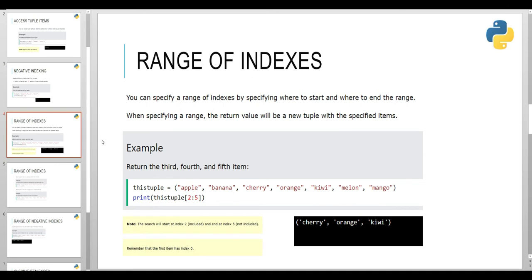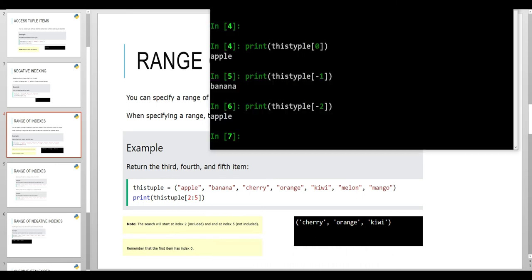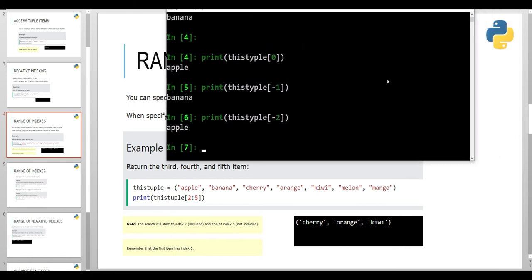Okay, so next look at the range. This is our third method, where we can give a range of indexes for which we can access values, so items. Okay, so let's make a little bigger tuple with more items.